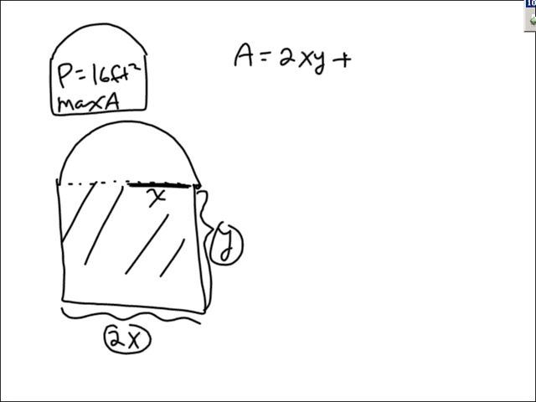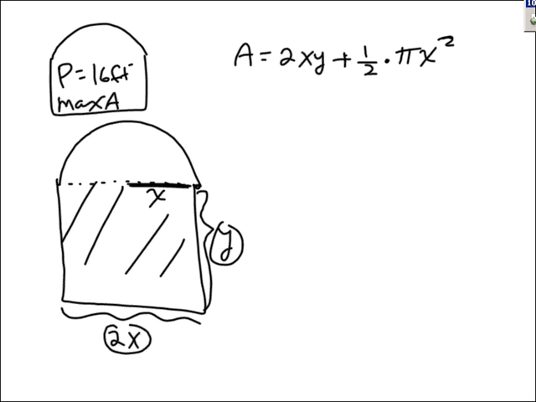So it's a half times the area of a circle, which is pi r squared, and the radius is x. So there it is. We want to maximize A for the constant perimeter of, not 16 square feet, excuse me, for 16 feet. We want to maximize the area.